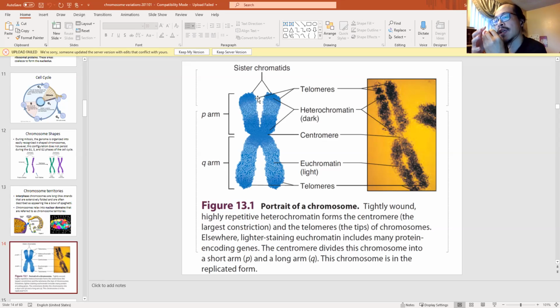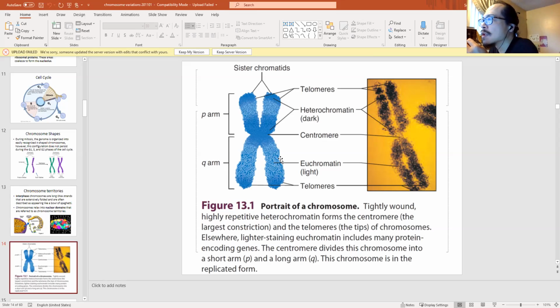So their package can appear more condensed. And in this light region, this is the region that doesn't have so many repeats. So this sequence here may contain more of this protein coded gene. So they are meaningful writing, they are not repeated sequence, okay? So that is this light region.